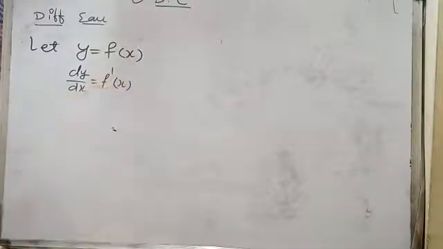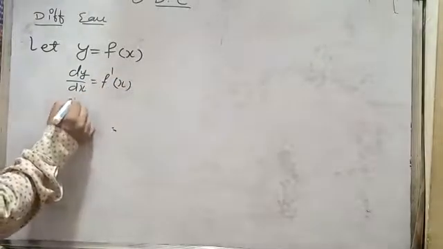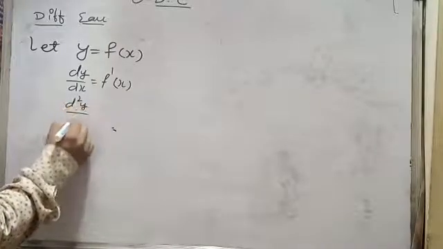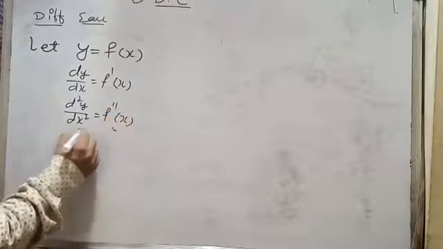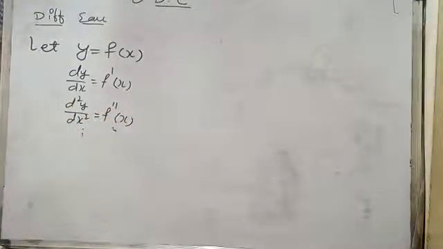Similarly, d square y by dx square is equal to f double dash of x. Like this I can go ahead, up to the nth derivative. So these are the derivatives we are going to see here, right?